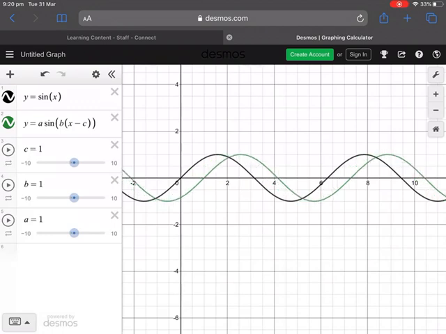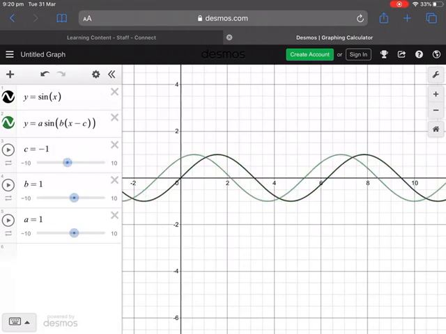when C is 1, the graph moves 1 unit to the right. Think about that in the equation. It would be written as x take 1. So take 1 inside the brackets moves the graph 1 unit to the right. If I go to -1, inside the brackets that would be x take -1, which is x plus 1, and the graph moves 1 unit to the left. So it's doing the opposite to the sign inside the brackets.